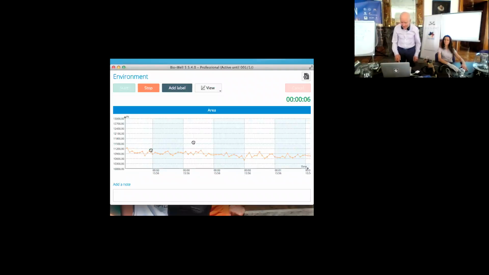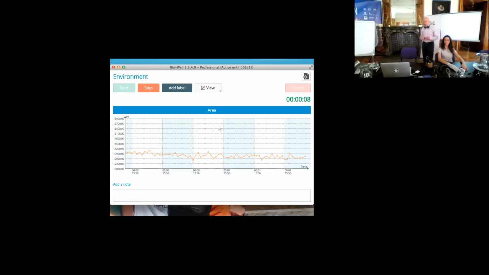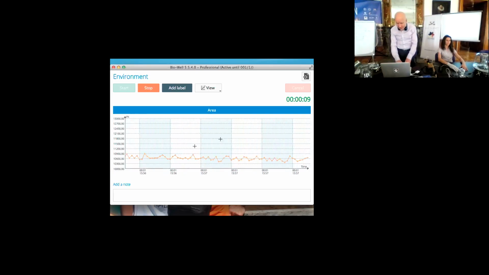And you see on this graph the time scale, and I see the time of my computer. My computer is set to Russian time, so it's 1 hour more, you see. We need to take that into account when we take measurements in other countries, that it takes computer time.